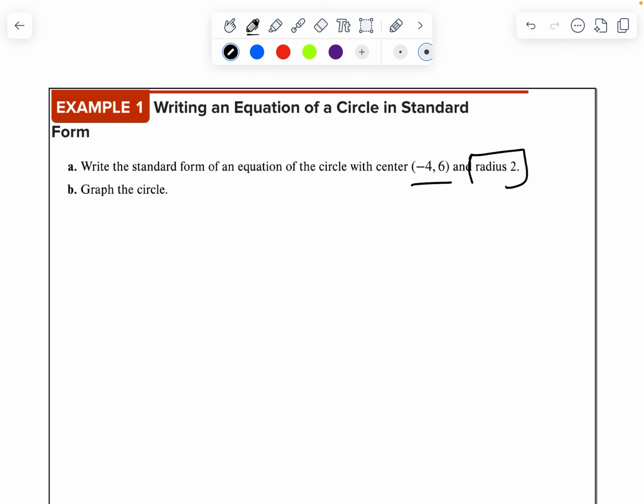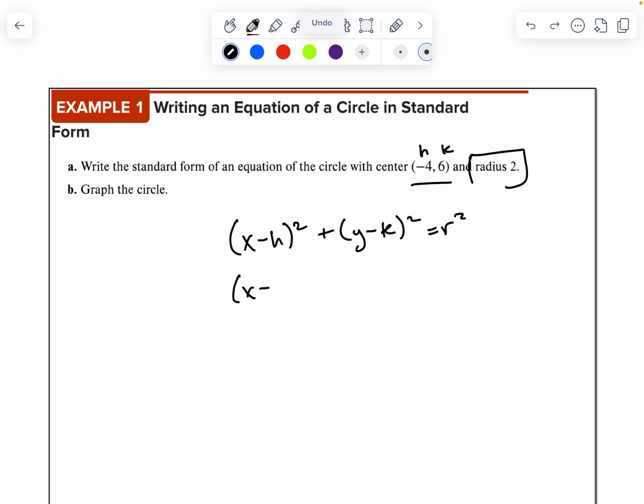So if we sub that into the equation that we have, this would be h, k. This is an important piece here, is that minus is already built into the equation. So when you're subbing in, if you have a negative number, you have to take that into account. That's the same thing as x minus negative 4.